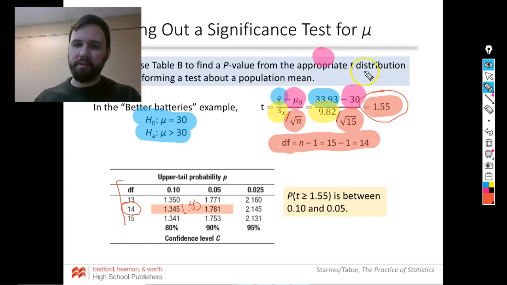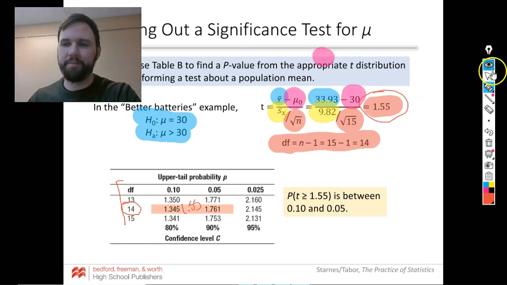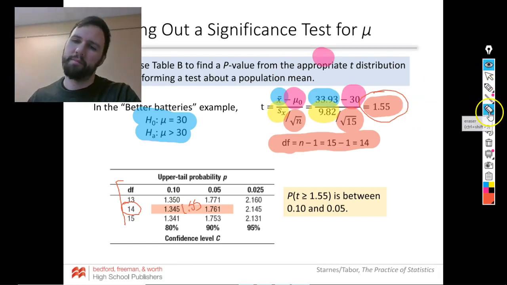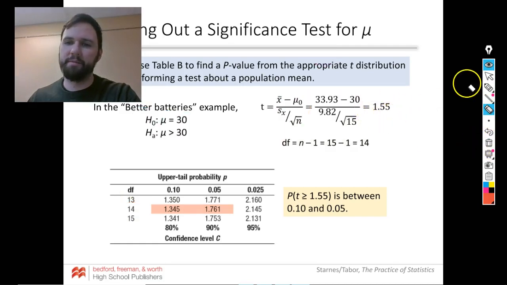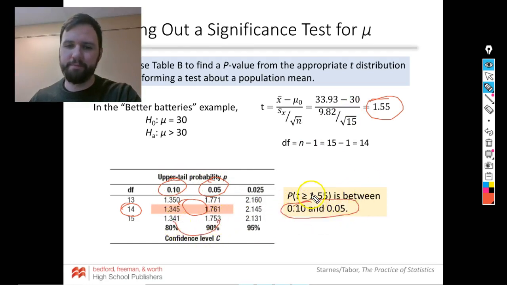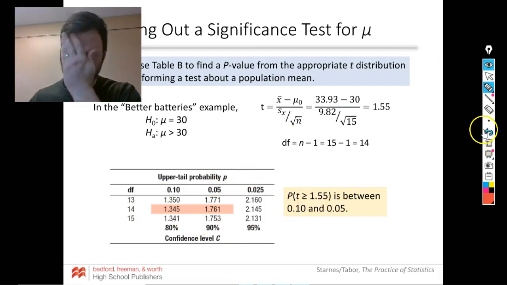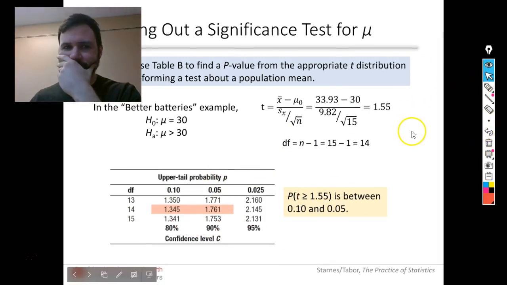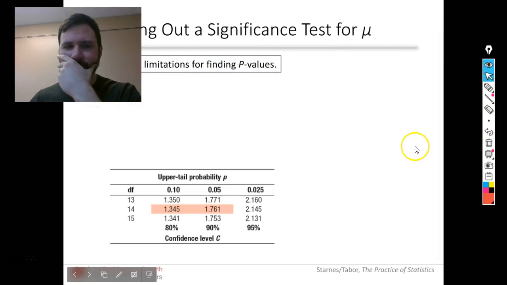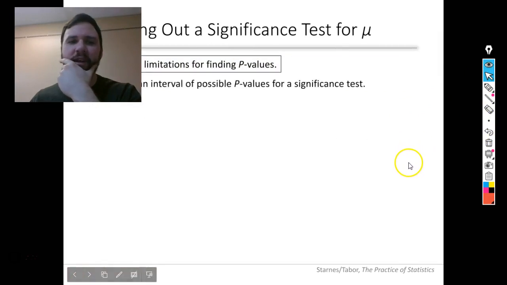So there's a better way to do it. Again, I found my t, found my degrees of freedom, and saw where it fell between, and then my p is between those two. There are limitations. It's not very accurate.